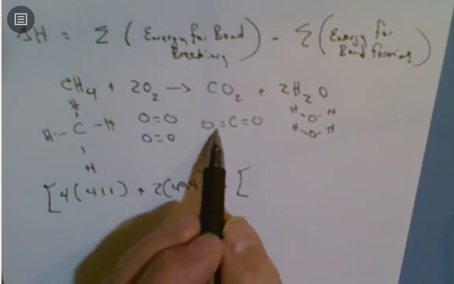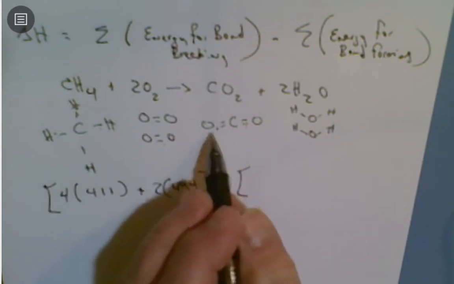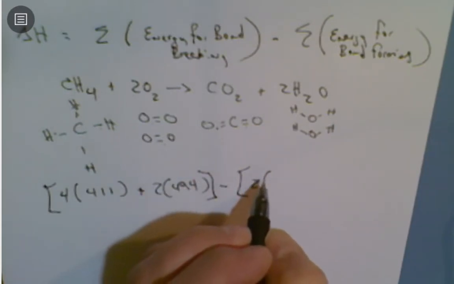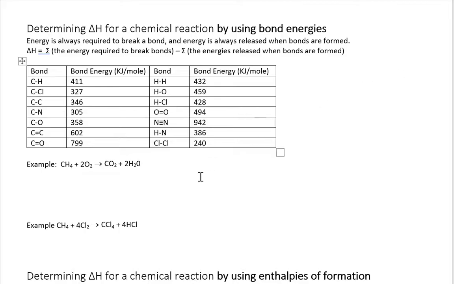So I have 2 of these carbon oxygen double bonds. So I'm going to say 2 there, and then I've got to go back to that chart and find my carbon oxygen double bonds. Those are 799 kilojoules per mole. And it's because it's the sum of these, I'm adding these together and I'm adding these together.